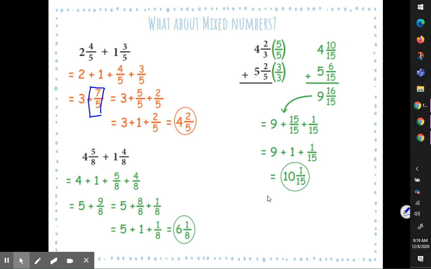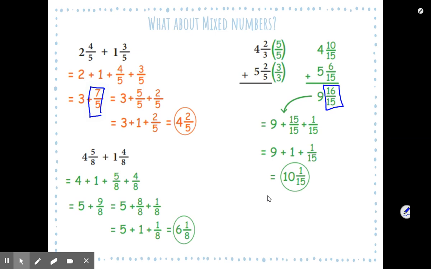Okay, so that was the first one. And then we looked at this problem, and this was the next one. Okay. And then in that last problem, where did they end up with the improper fraction? Right here, didn't they? Okay. So here's the big deal I want you to write first.